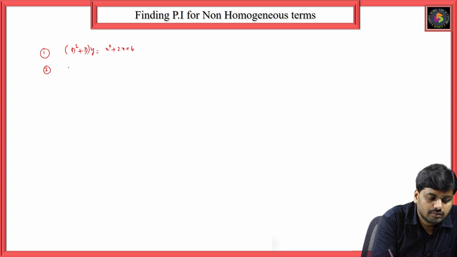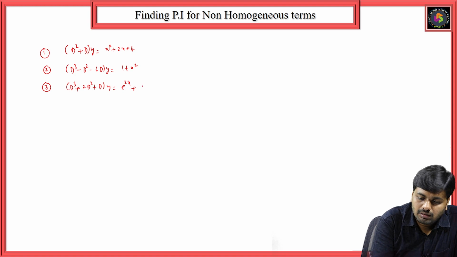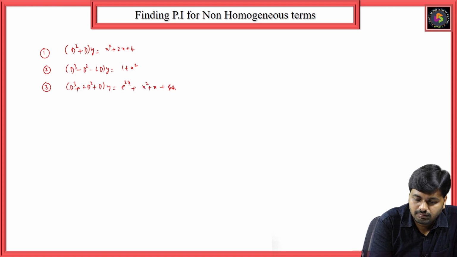The second case: d cube minus d square minus 6d of y equal to 1 plus x square. The third model: d cube minus 2d square plus d of y equal to e power 2x plus x square plus x plus cos sine 2x.